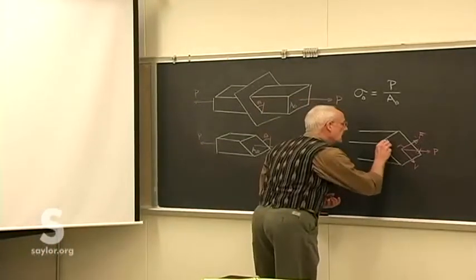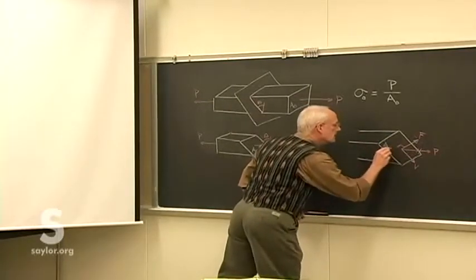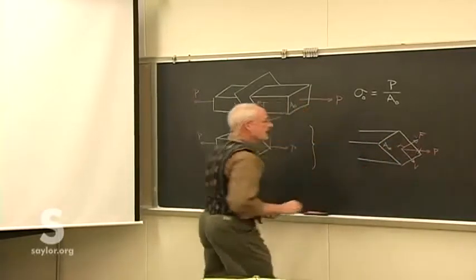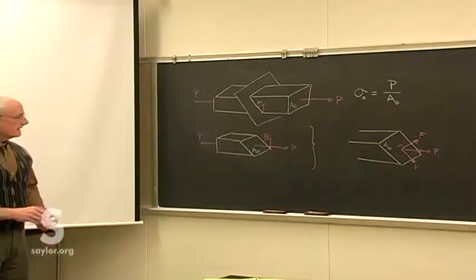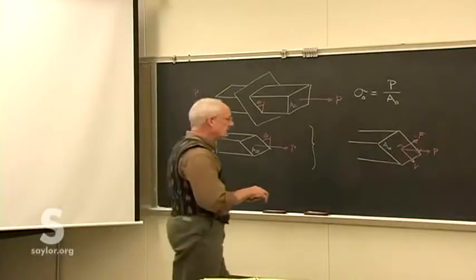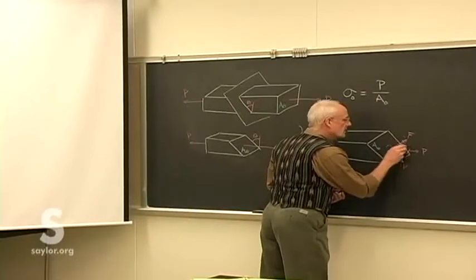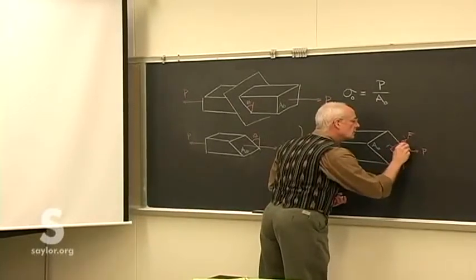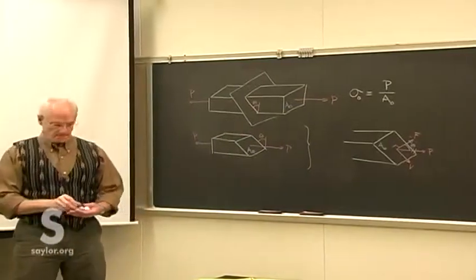And this is, again, acting over this area A theta, because this is the inclined face. Imaginary cut through the piece, inclined at an angle theta. So this angle as well is that angle theta.